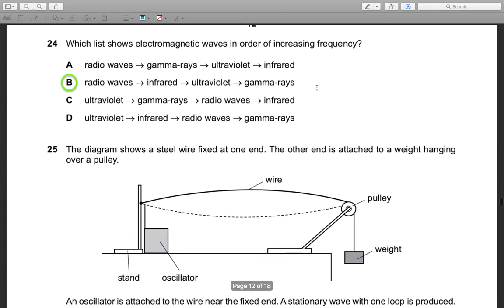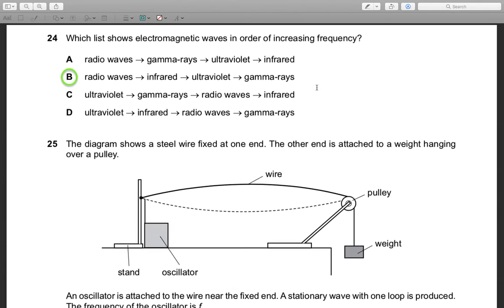Continue to number 24. Which list of electromagnetic waves is in order of increasing frequency? The highest frequency is gamma rays and the lowest frequency is radio waves. So directly we think the correct answer is B. This is wrong, because gamma ray is not here; ultraviolet and infrared are between radio wave and gamma ray.